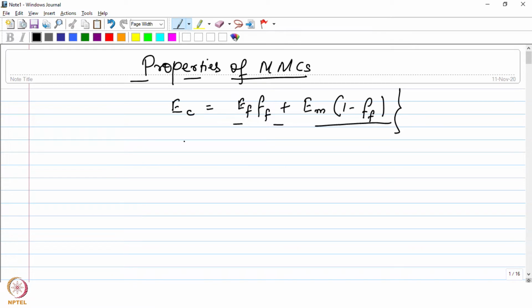Okay. And we have also defined the minimum and the critical fiber content for any strengthening benefit to occur in the composite material.